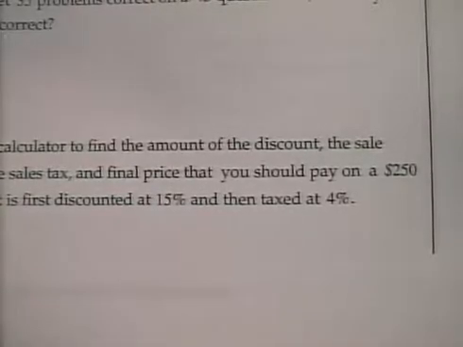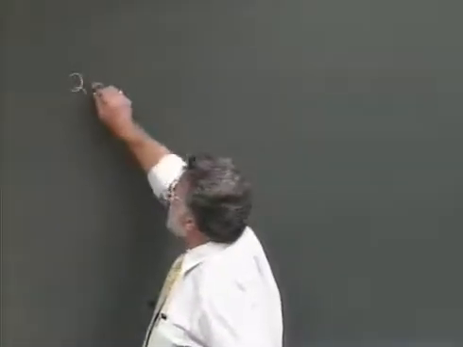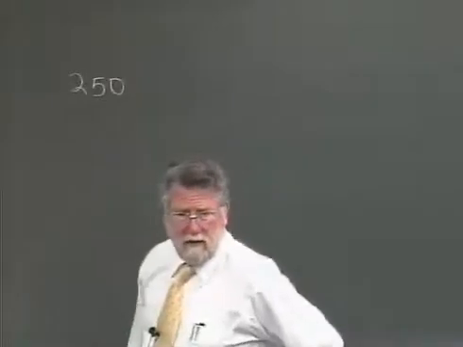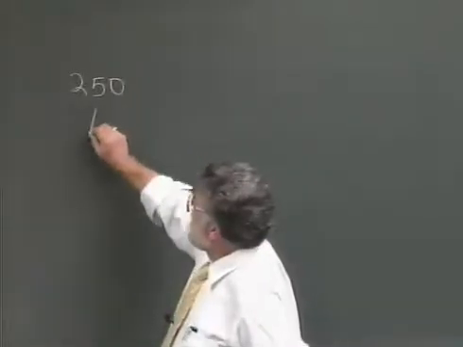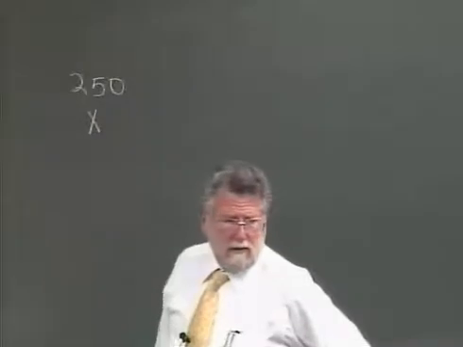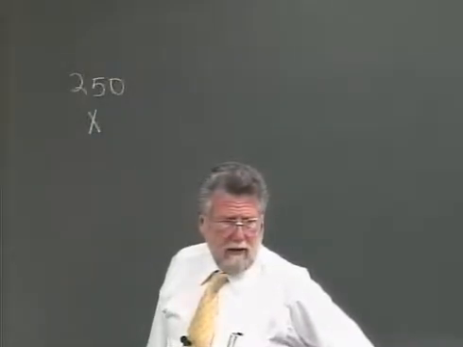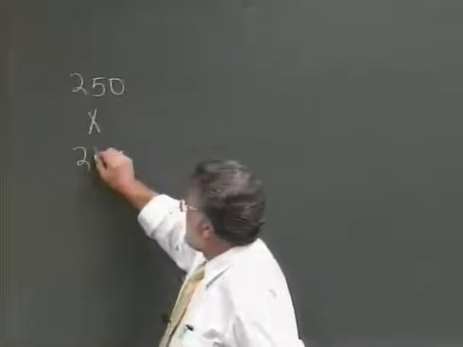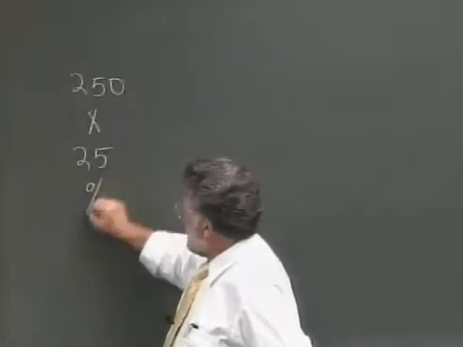Okay. So keeping that on the screen, I'm going to go over to the side and let's see what we get. So we have a 250. You should have been able to carry this through. Let's see what we have now as we come to the board. So you entered 250, correct? Then you did what? Times. Then what? Next step. 25. Then you hit the percent.